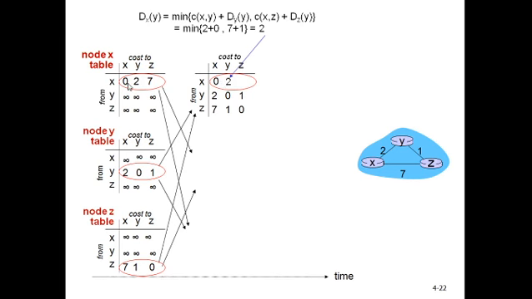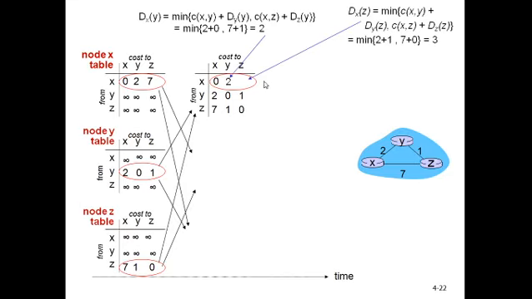Now it will calculate the distance for Z. X will calculate the distance for Z with the help of the two tables shared by Y and Z. So for recomputing the distance from X to Z with the help of these two tables shared by Y and Z, again X has to apply the Bellman-Ford equation from X to Z. X has another neighbor Y. So first of all it's X to Y plus Y to Z, and the second one is X to Z and Z to Z. You can see over here the old one.